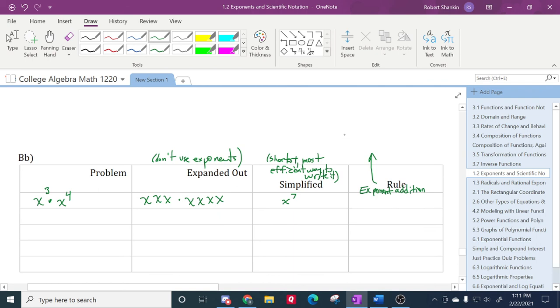And if we expand on that a little bit, it's when multiplying, if bases are the same. So it only works when the two bases are exactly the same. If that was x to the third and y to the fourth, you couldn't do anything. Bases are the same, add the exponents.